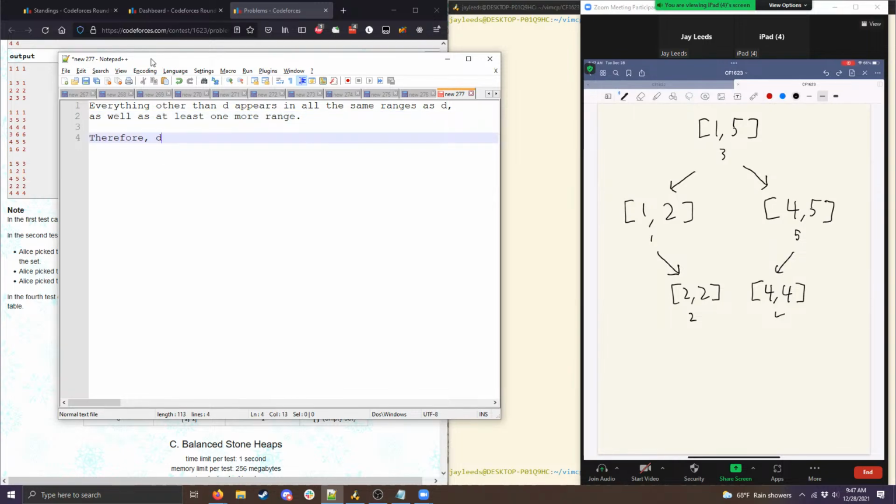And therefore, D is whichever element of L through R appears in the fewest of the input sequences. So from here we can compute the number of times each element appears in our sequences, and then find, for each interval, which element appears the least number of times.